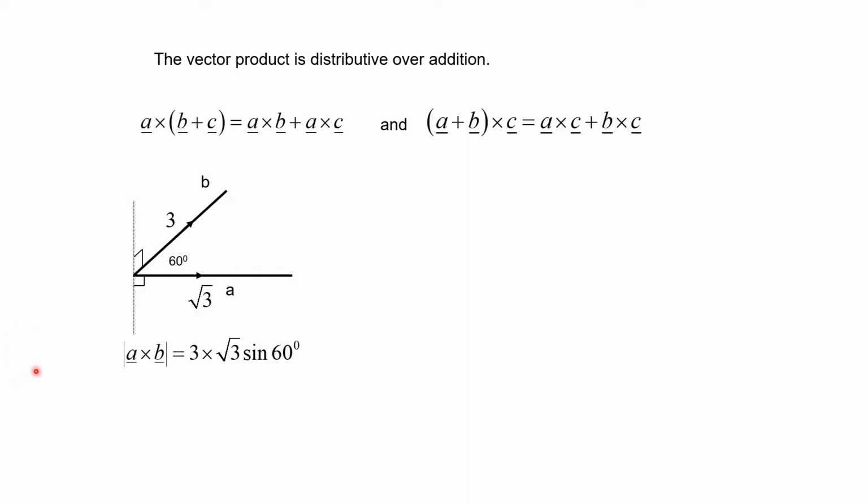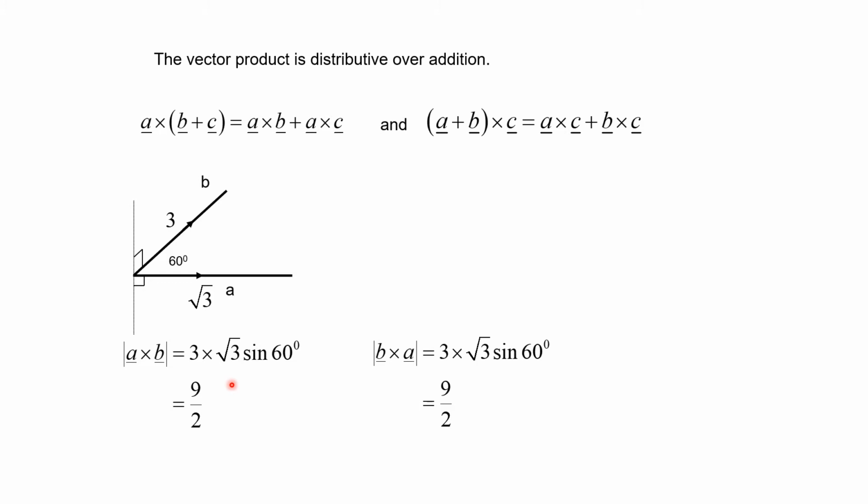To identify A cross B, you multiply the magnitudes, 3 times 3, and sine theta, which is sine 60 degrees. So you will get the value 9/2 times root 3.